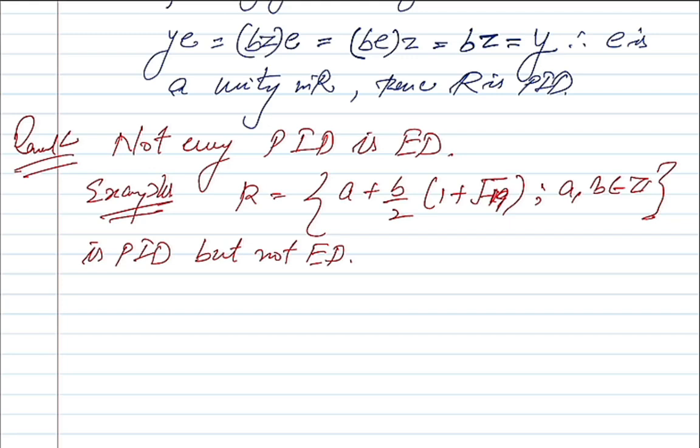So you won't get an easy example for which R is PID but not ED. So you must have some non-trivial example, and this example works. So since ED is a PID, if a ring R is not PID, it cannot be ED.